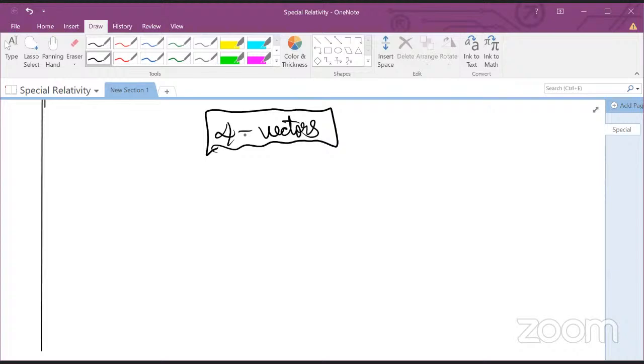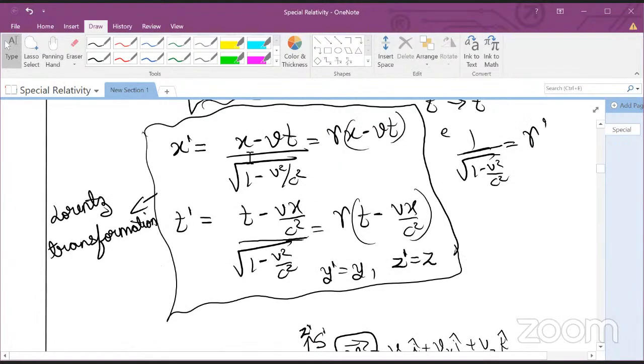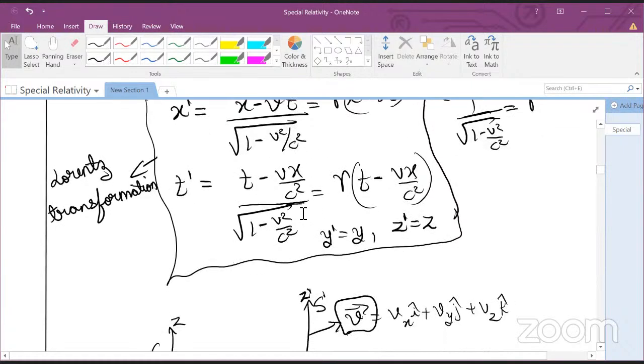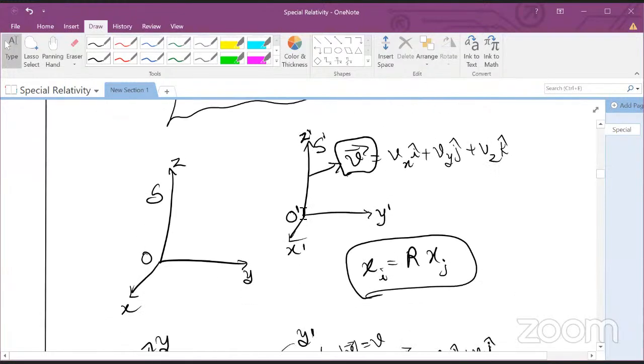All these are interlinked according to the Lorentz transformation, right? The transformation of space has a time variable. The transformation of time has an x variable. So physically it tells us that space and time are interlinked.